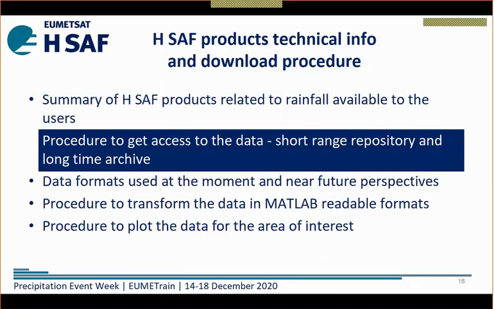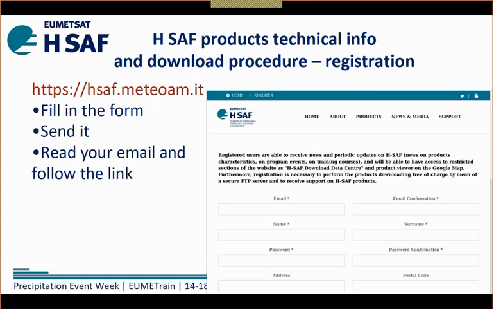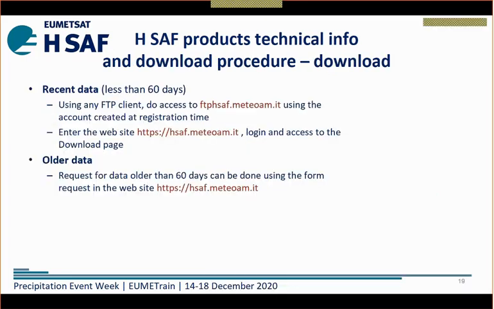How to get access to the data? First, you need to register on the website using the link that I showed in this picture. You select new user, fill in the usual form, send the form, receive an email with a link to activate the account, and in a few minutes you will be able to access the data.